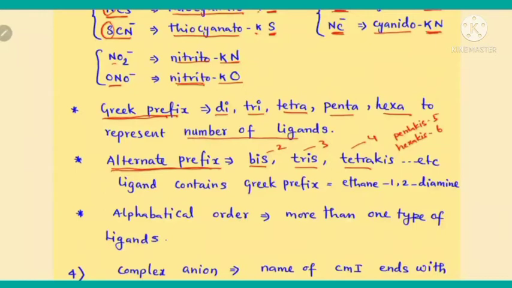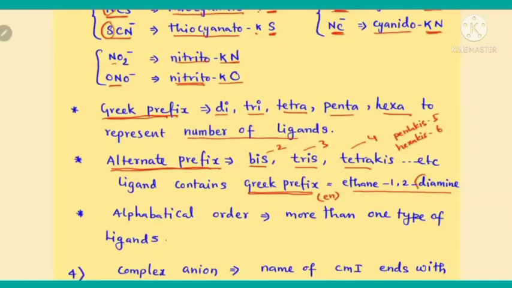Where do we use alternate prefixes now? When the ligand name contains a Greek prefix. Suppose in the name of the ligand, if we have the ordinary prefix like di, tri, tetra, etc., then in such a case, we have to go for alternate prefixes. For example, there is a ligand en, short form, which is nothing but ethane-1,2-diamine. Now look at the name of the ligand.